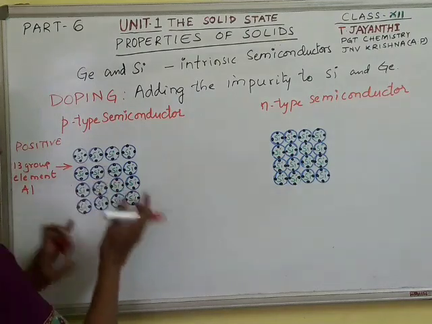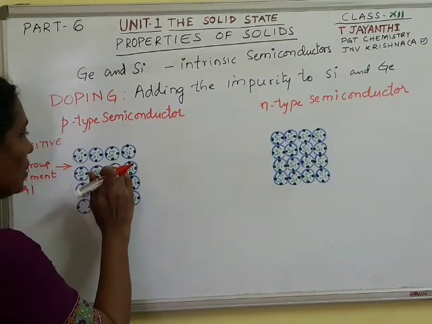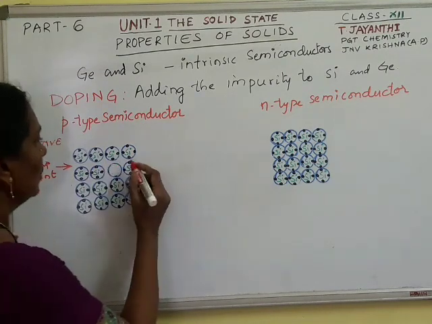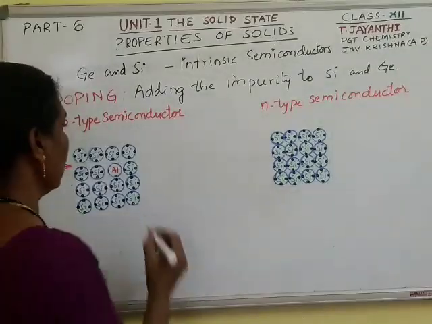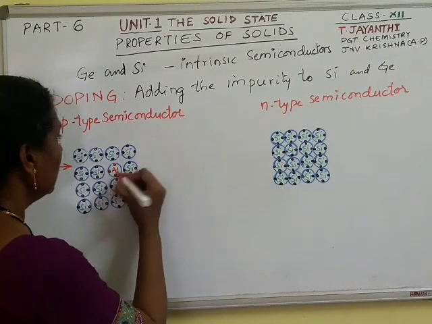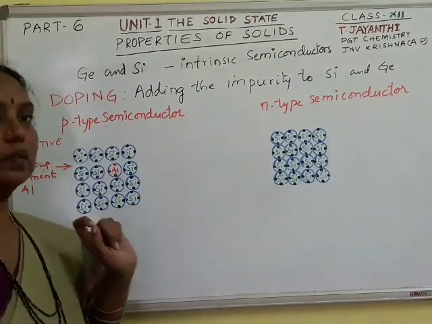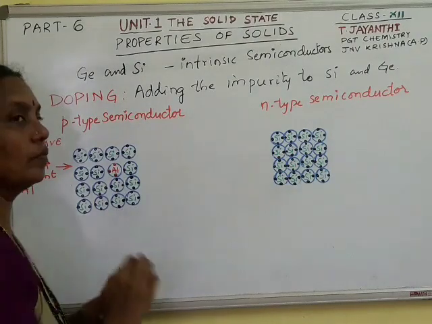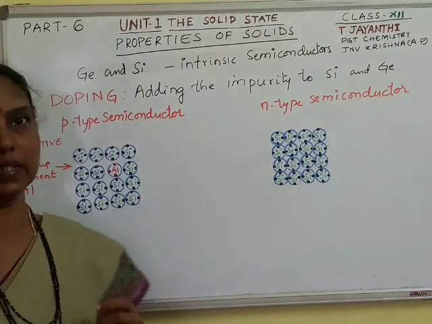So let us say this is now not silicon; in the place of silicon, aluminium is added. As its valence electrons are 3, around aluminium there are only 3 electrons. So the fourth electron is not there. That means it is not able to bond with the neighboring silicon atom. So here a hole is created.